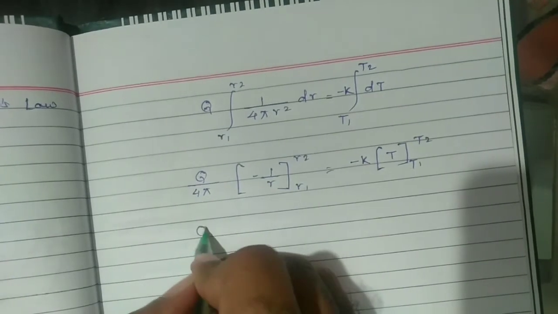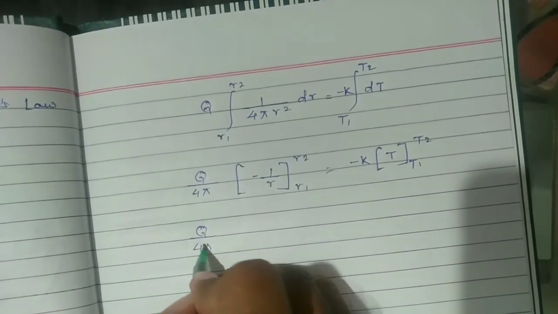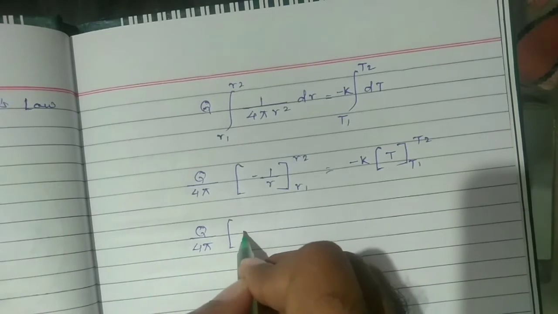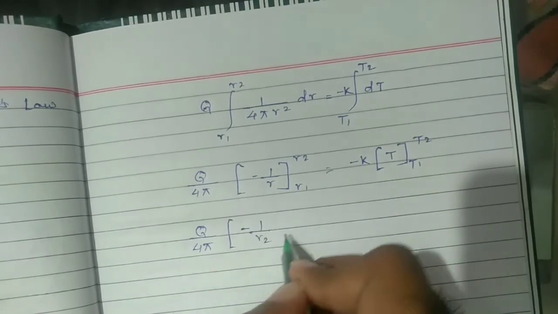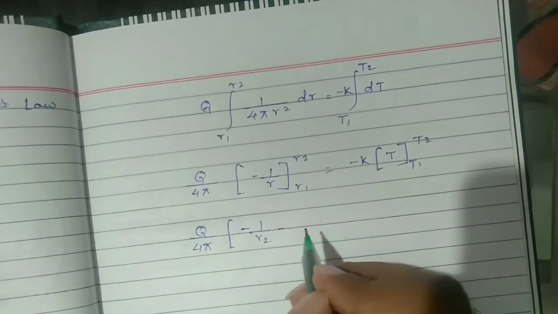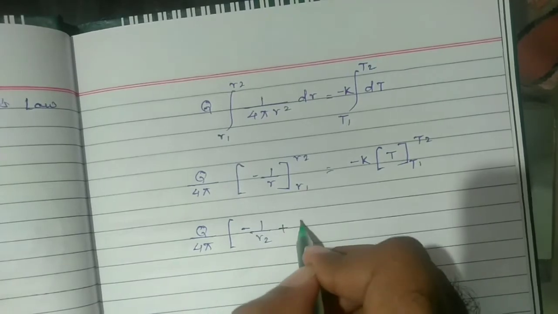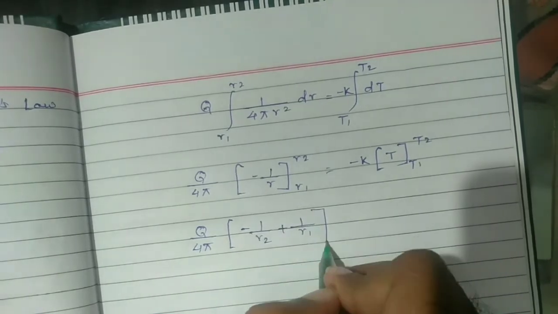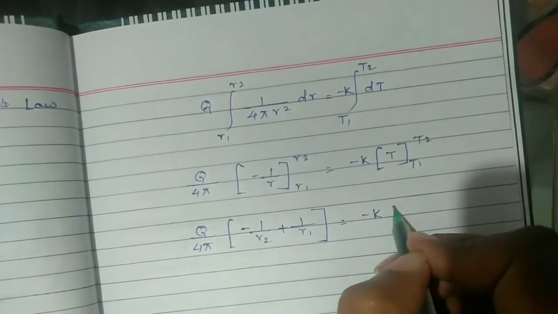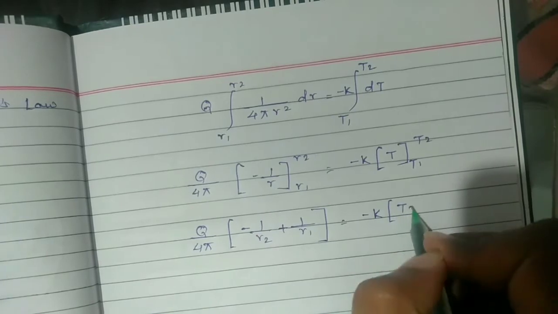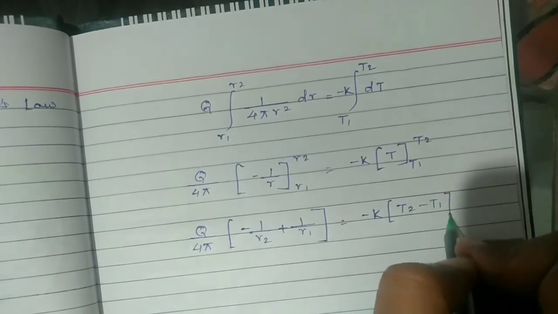So you are going to have Q upon 4 pi, minus 1 upon r2 minus of minus plus 1 upon r1 equal to K in bracket T2 minus T1.